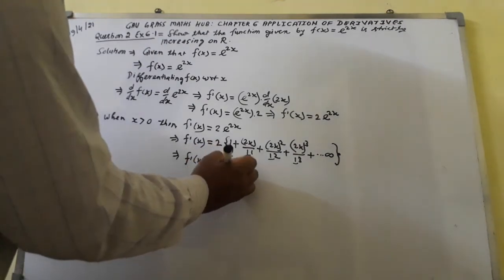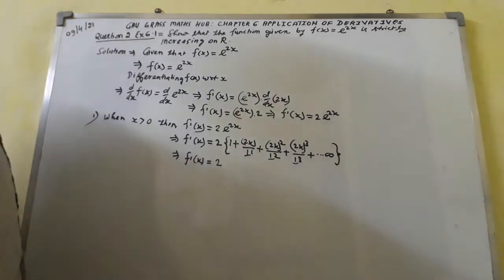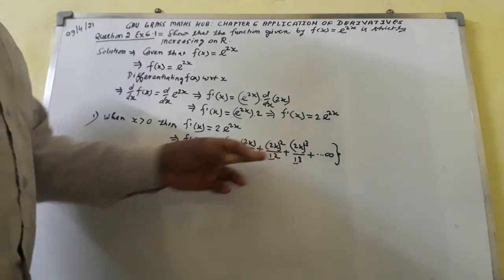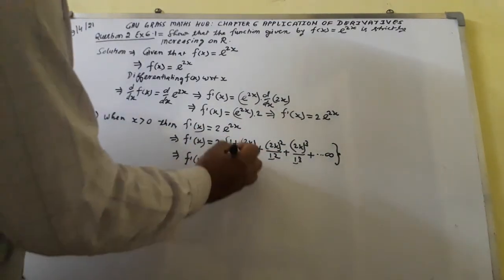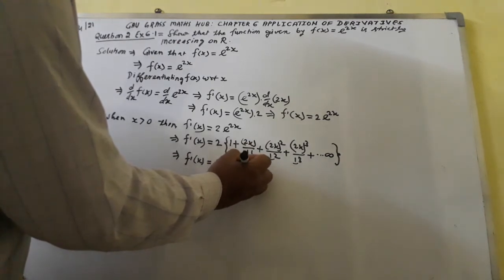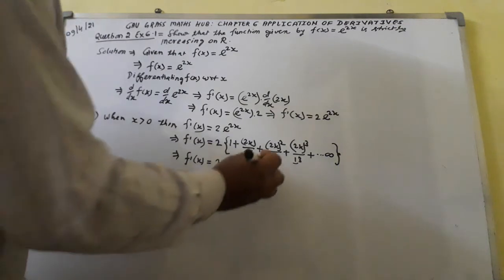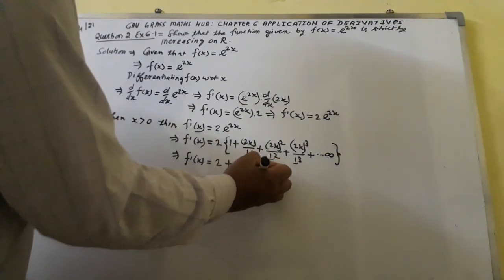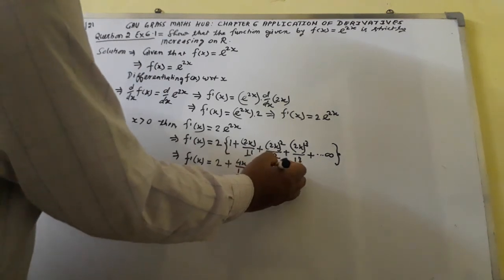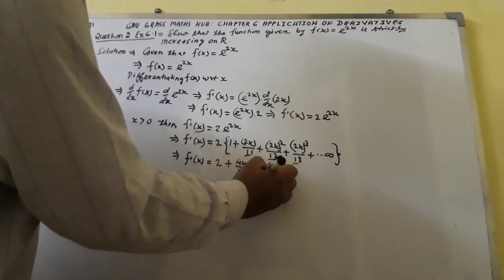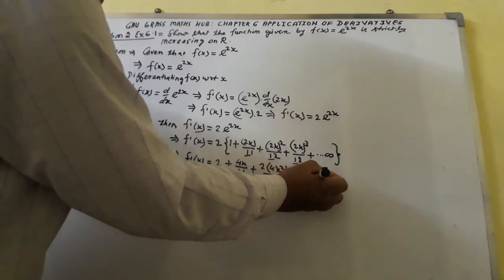This thing you will get: 1 plus, the curly bracket will be broken and 2 will enter inside. You will get 2 plus 2 times 2 is 4x over factorial 1 plus 2 dot 4x square over factorial 2, dot dot up to infinite.